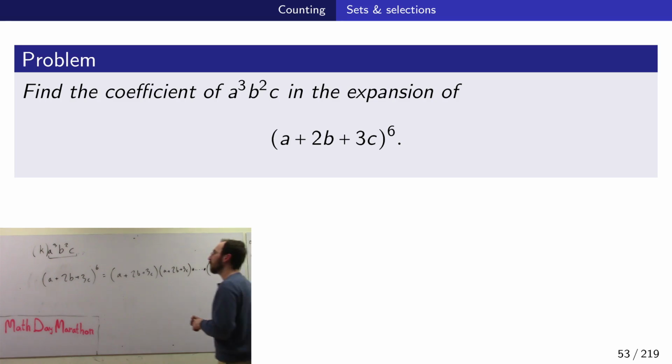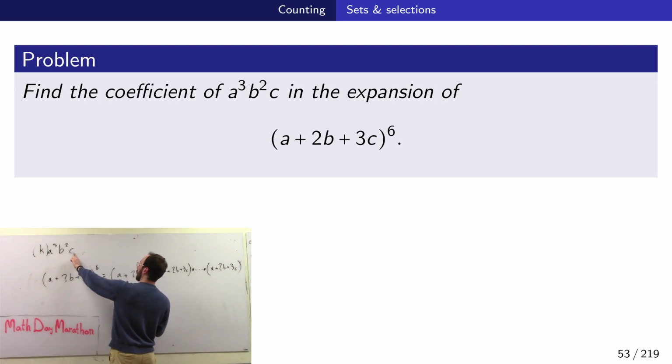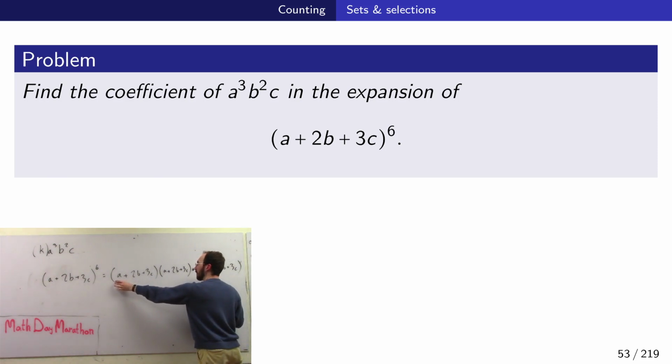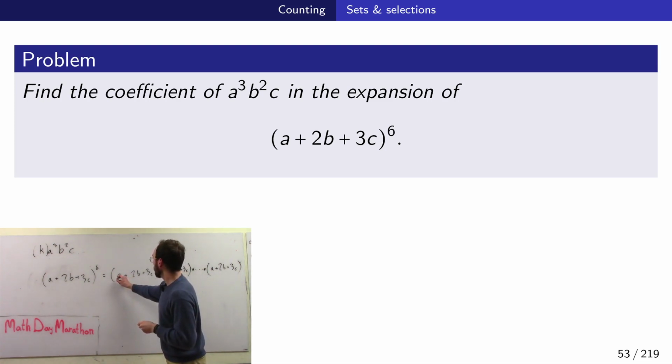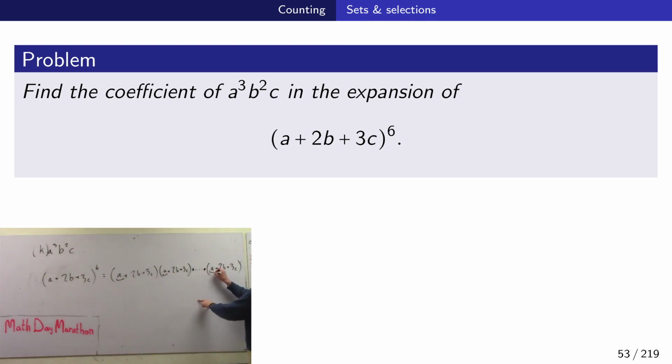Now, what we're trying to get is the coefficient of a cubed, b squared, and c. So what that means at least is, if I'm multiplying these out, I'm only ever going to want to know when I get exactly 3 a's. So this one's got an a, this one's got an a, this one's got an a.